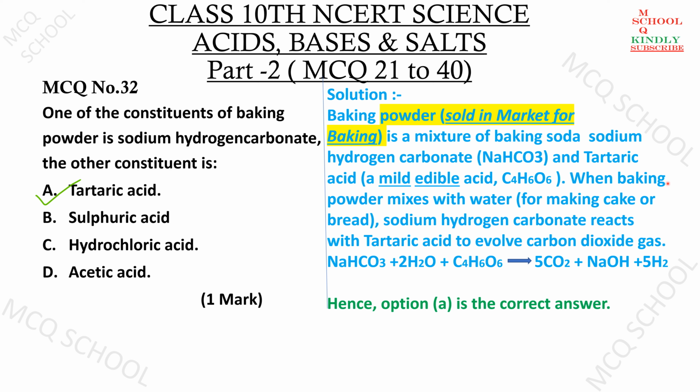When baking powder mixes with water for making cake or bread, the sodium hydrogen carbonate reacts with the nitric acid for evolution of carbon dioxide gas, which makes the bread or cake softer. The reaction is sodium hydrogen carbonate plus water plus nitric acid forms carbon dioxide, caustic and hydrogen gas. Hence, the answer is A, nitric acid.